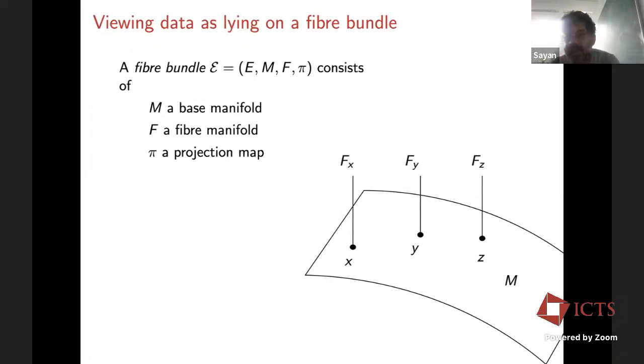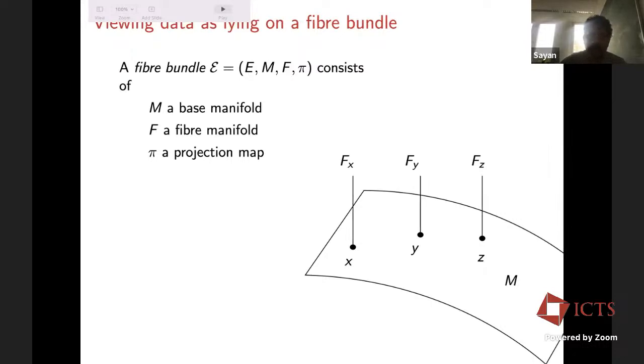There's a picture of thinking about how shapes evolve and how shapes can be related, which is you have a base manifold. This is your M, where evolution is happening. And then what you put on each point in this base manifold is a representation of a shape. In math, that's called a fiber.